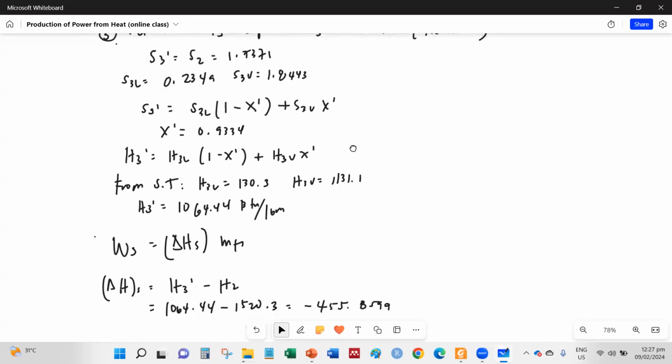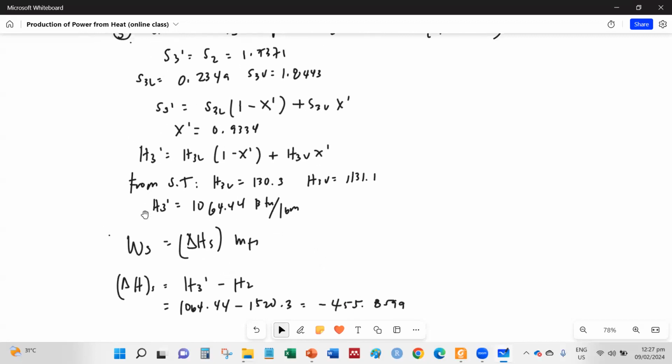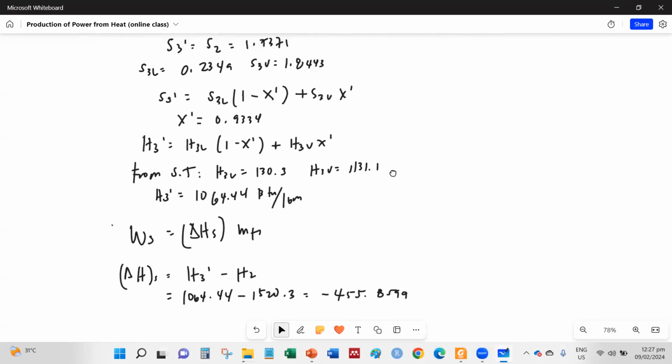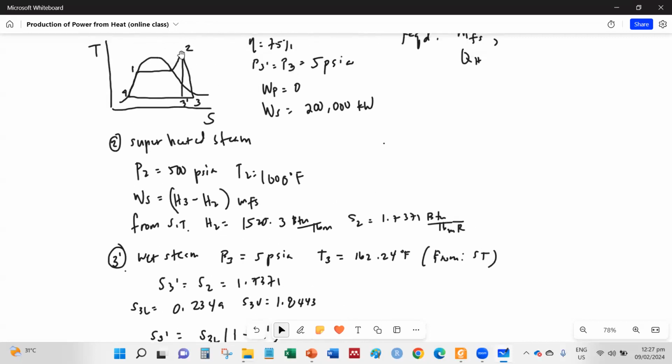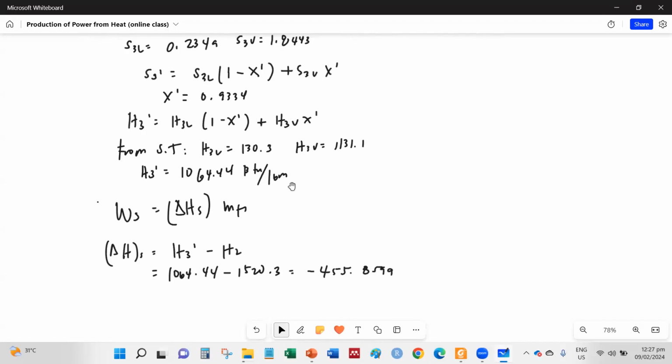Okay, and then next, we have the value of H3 prime, and now we know the value of delta H ideal because it's simply H3 prime minus H2. So what do we do with this value? How can we use it?